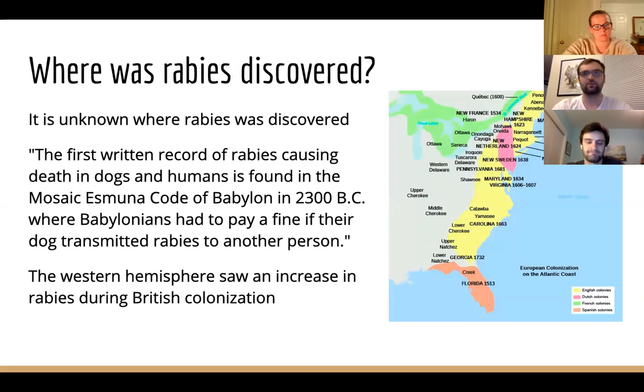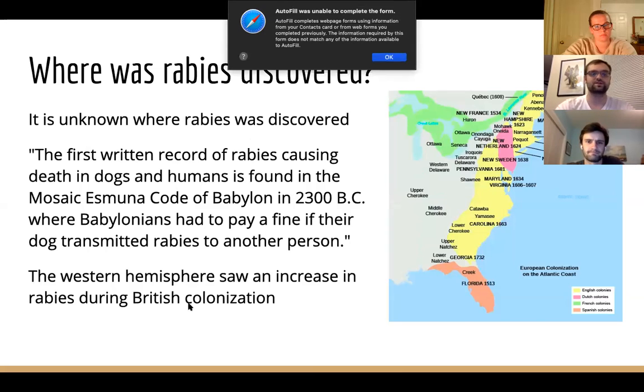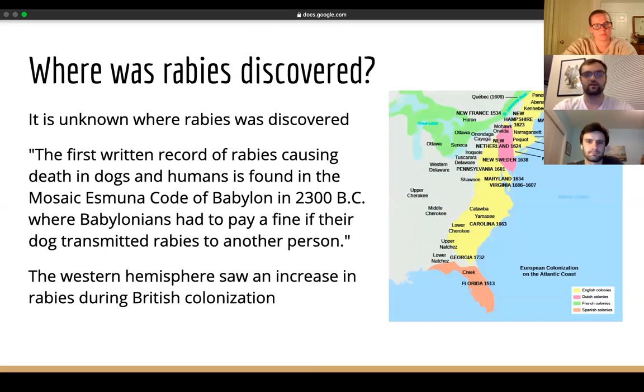So the virus was discovered a very long time ago in an unknown location once again. Due to its ancient background, one could potentially hypothesize that it was either around Asia or Europe.